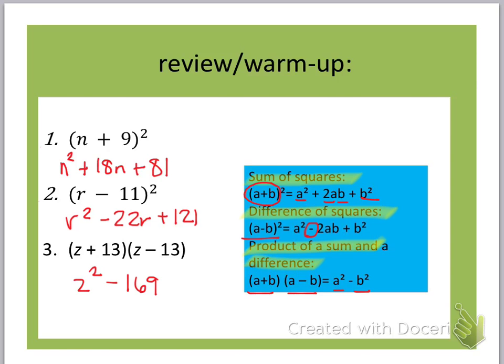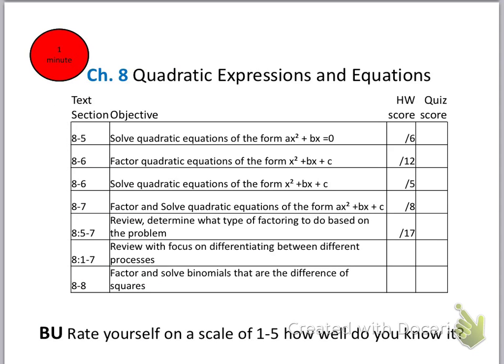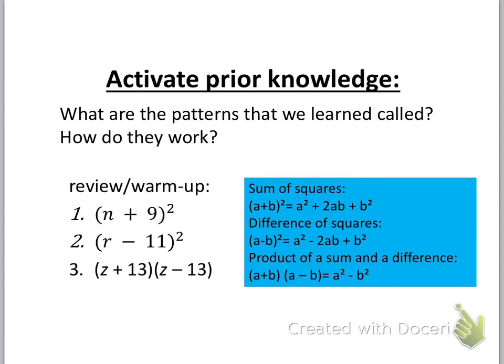Alright, so let's take a look at today's goal. Today we are factoring and solving binomials that are the difference of squares. Okay, so the difference of squares, that means we're going to be focusing on the third pattern here, because the answer is the difference of 2 squared numbers.